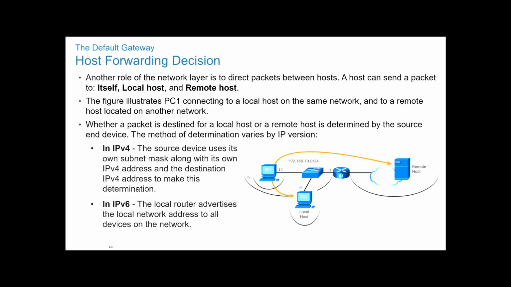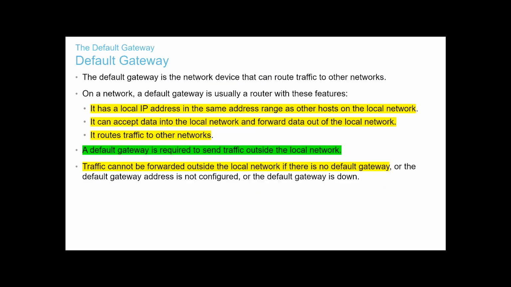A default gateway is a router that has a local IP address in the same address range as the other hosts, and it can accept that data and then forward it out of the network and route it to other networks. Default gateway is required.